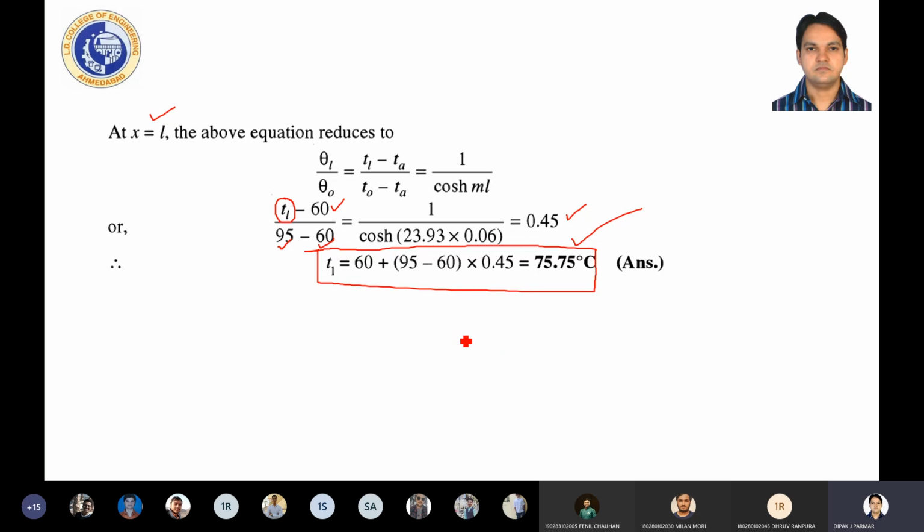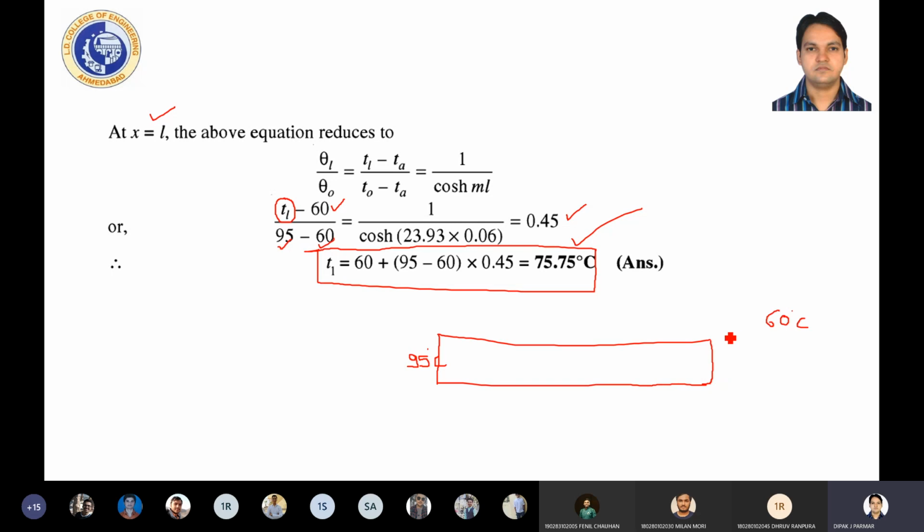So you see this data, this is our cylindrical rod according to the property of this material. I want to tell you that this temperature is 95 degrees Celsius, which is the base temperature, and the surrounding temperature in which the heat transfer happens is 60 degrees Celsius.